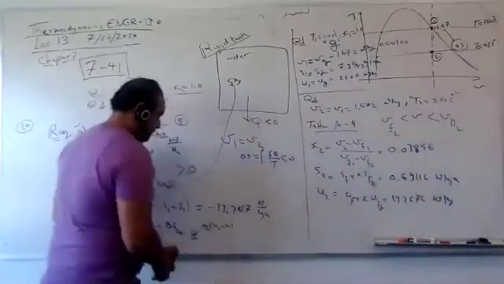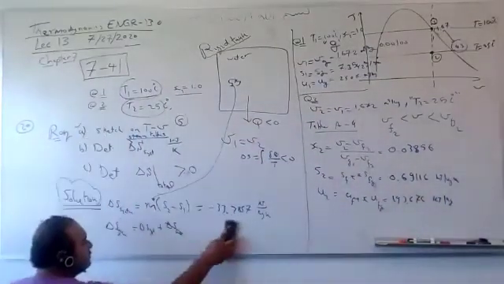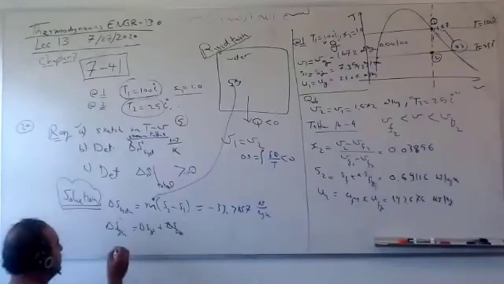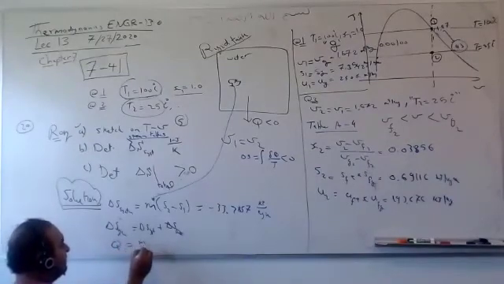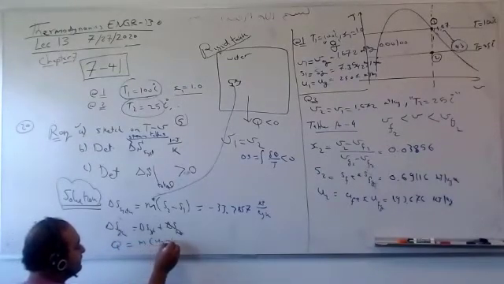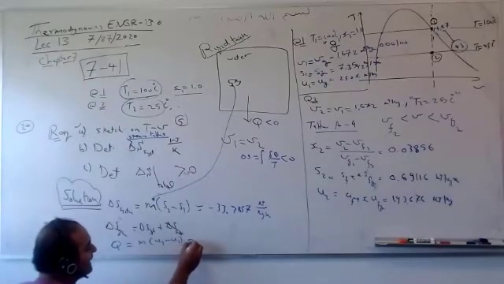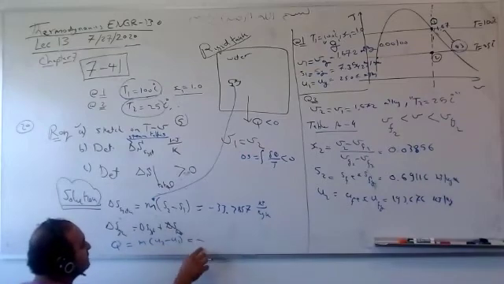It's positive. For respect to surrounding, yes. So we need to get Q. So Q equal m delta U. So you have U2 minus U1. It's negative with respect to the system, yes. Whatever value, make it positive for the surrounding.